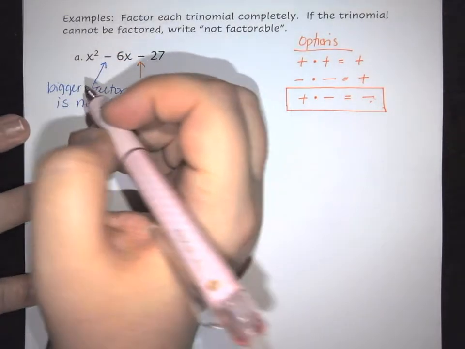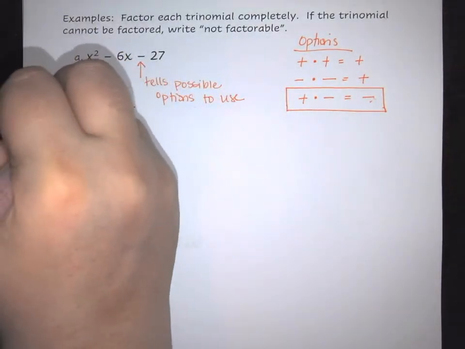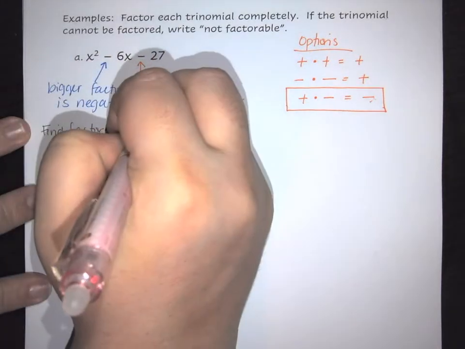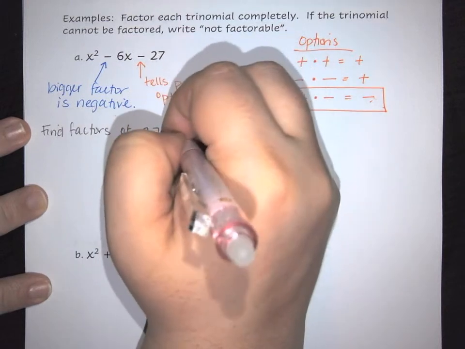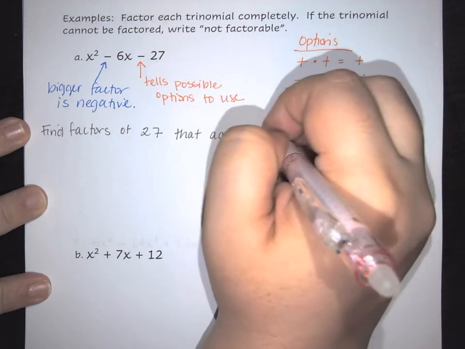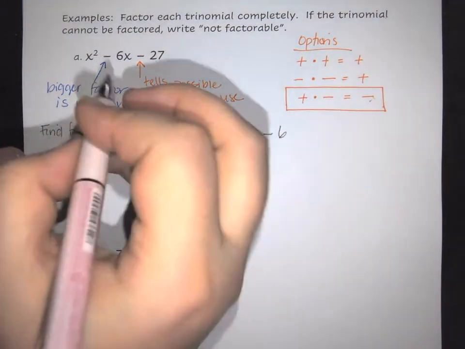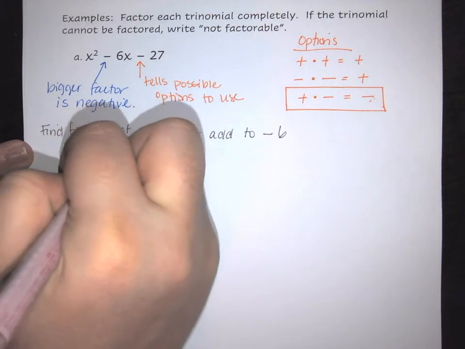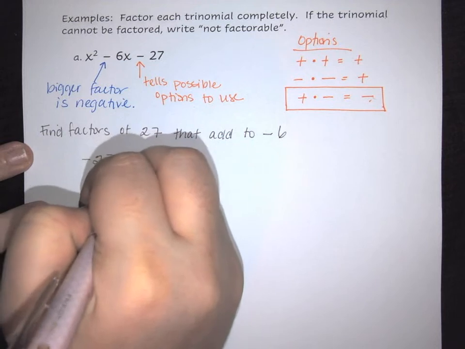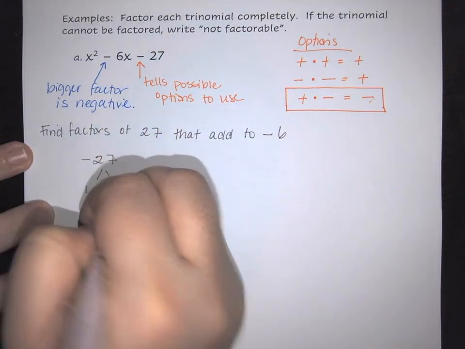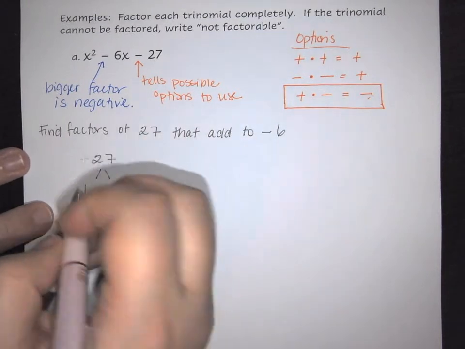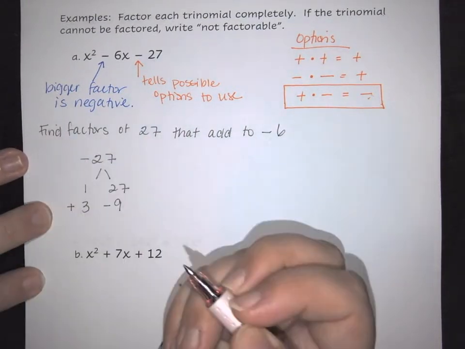So what I need to do is find factors of 27 that add to negative 6. I have negative 27 as my term. My factors of 27 are 1 and 27, and 3 and 9. I need a negative 6, and so that tells me I have to have a positive 3 and a negative 9.